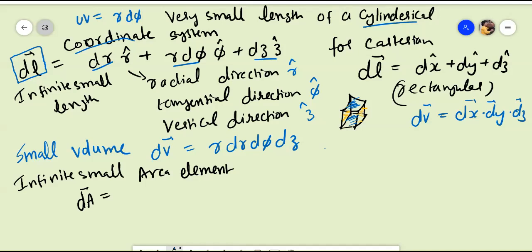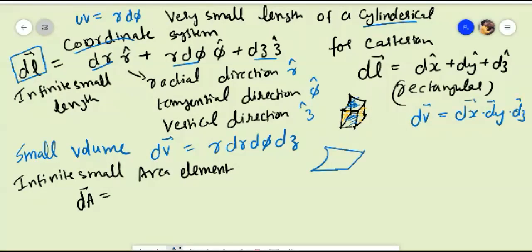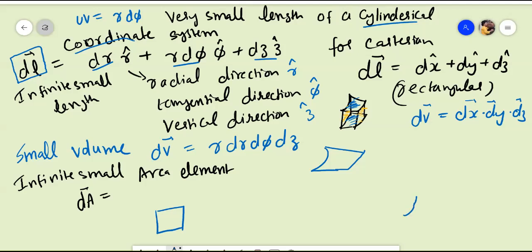So this is our top face, and then this is our side face. And then we have the third one, the back and the front area.